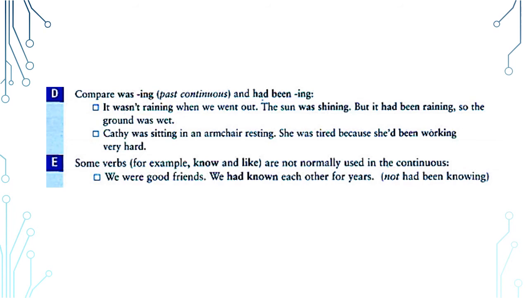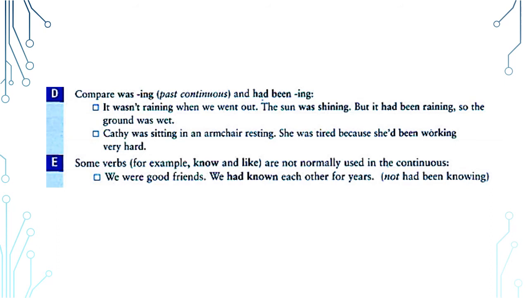Compare was plus ing, that is past continuous, and had been plus ing, past perfect continuous. It wasn't raining when we went out. The sun was shining. But it had been raining, so the ground was wet. And the action was related to the past.